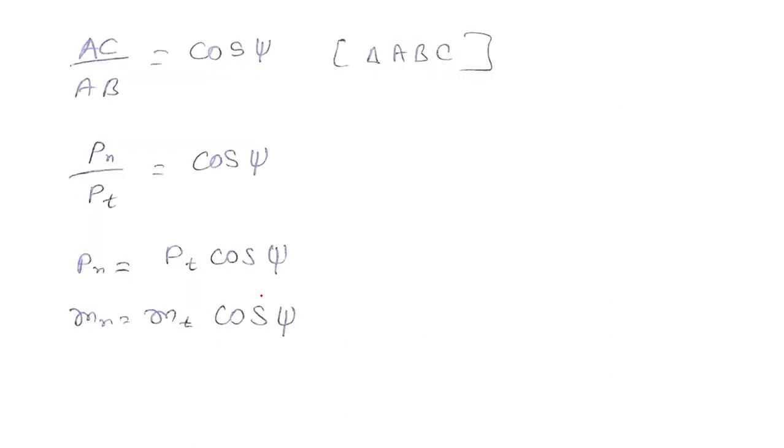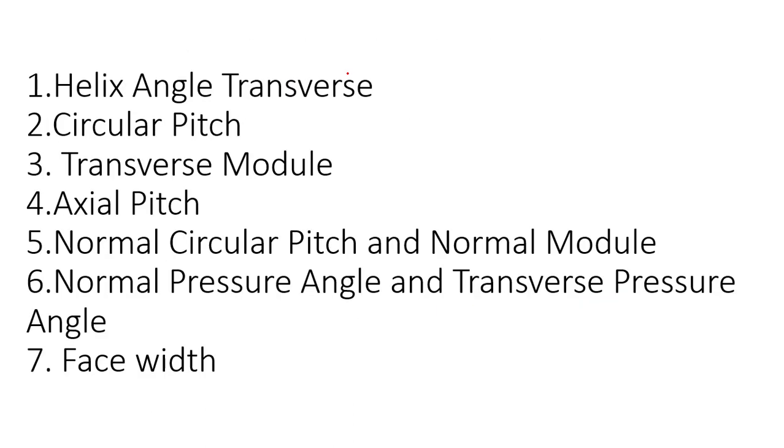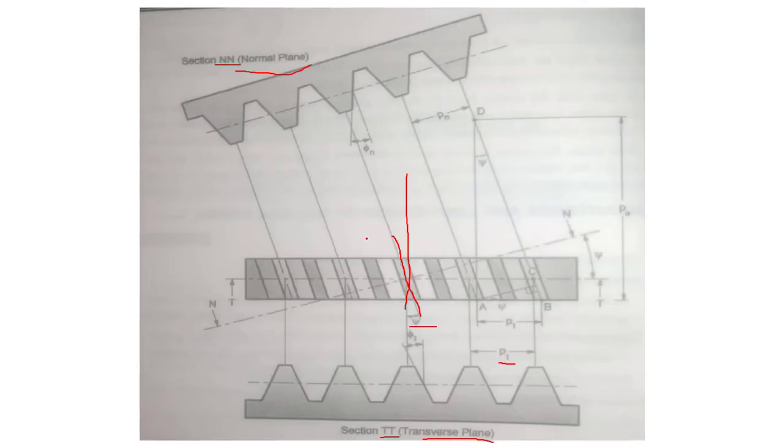Now to find the relation between normal module or normal circular pitch, and transverse circular pitch, we will consider a triangle ABC. So coming to the figure, here we are putting one triangle.